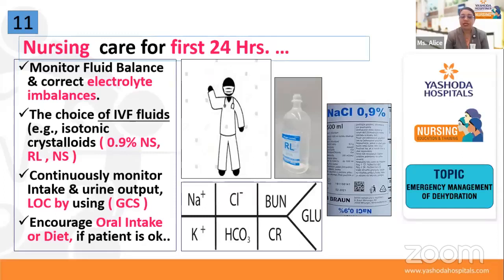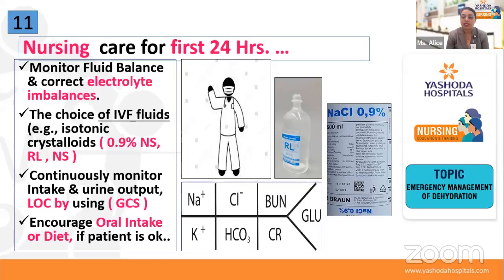So in acute dehydration, the 24 to 48 hours is very crucial. It can be fatal. So monitor fluid and electrolytes, and correcting the electrolyte imbalance is vital. The choice of IV fluid is isotonic crystalloids. Along with this, we can correct the electrolyte imbalance as well. Continuously monitor intake and urine output, and loss of level of consciousness by using GCS. If the patient's condition is okay, we can encourage oral intake.